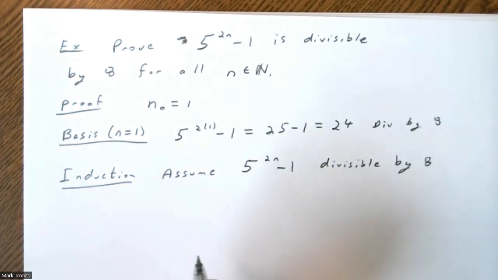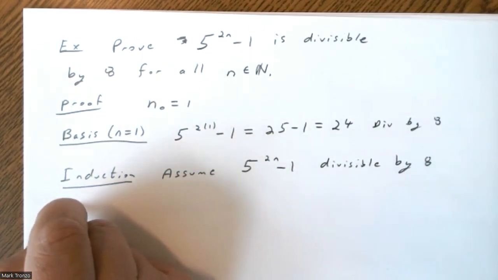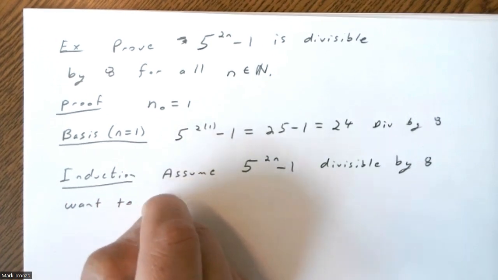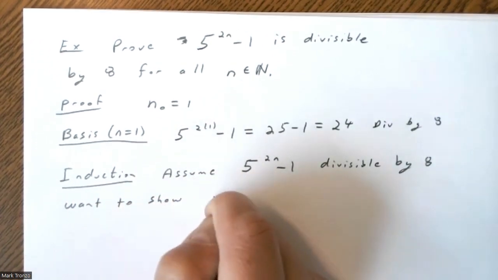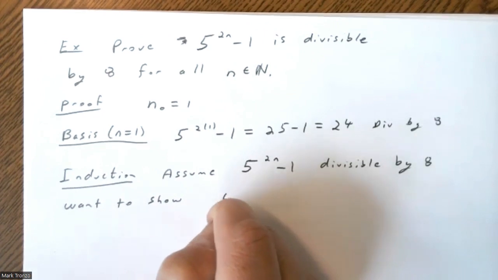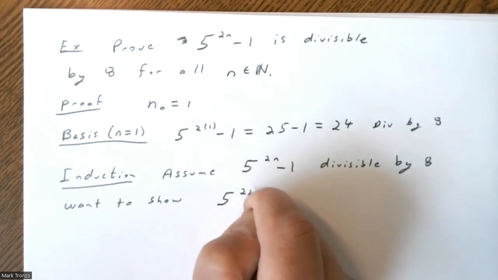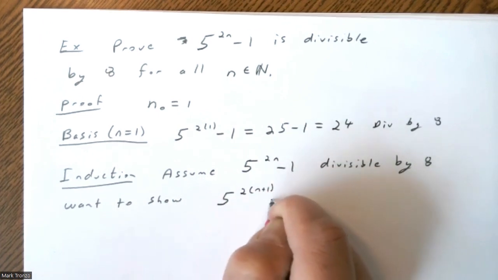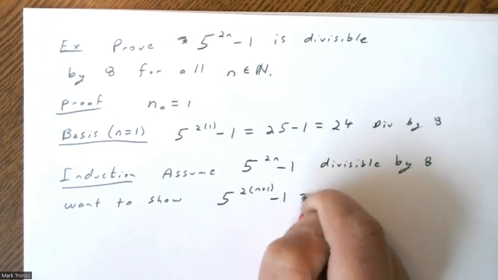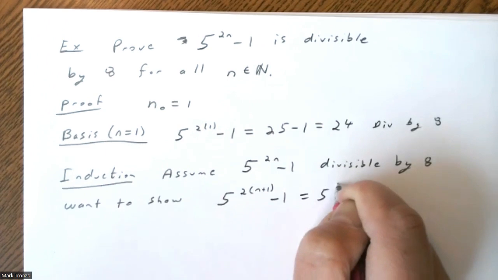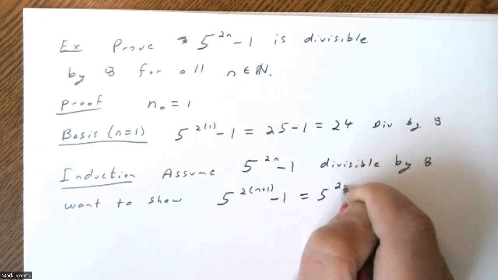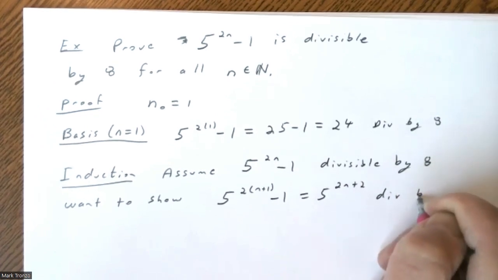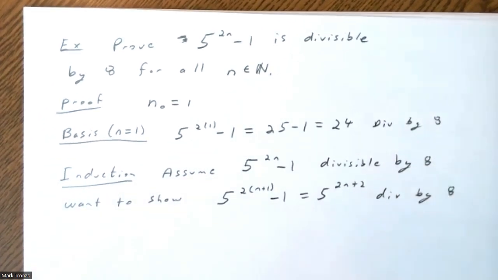And we want to show 5 to the 2 times (n plus 1) minus 1. Let's multiply that out. 5 to the 2n plus 2, minus 1, is divisible by 8.